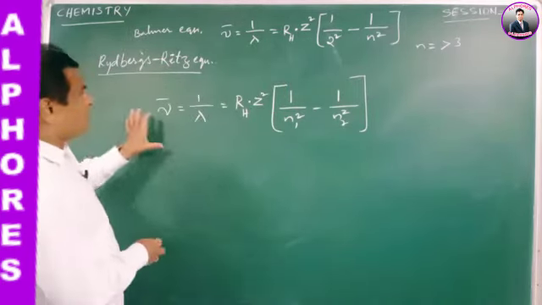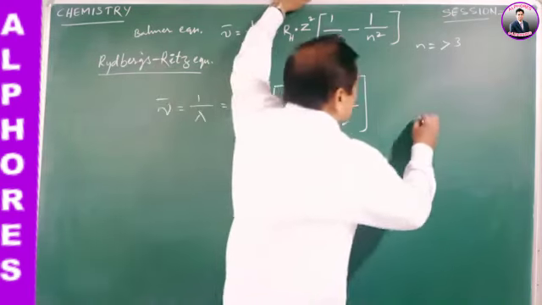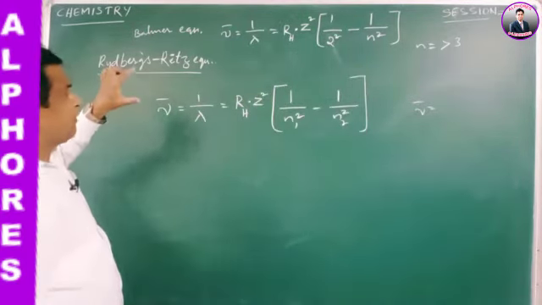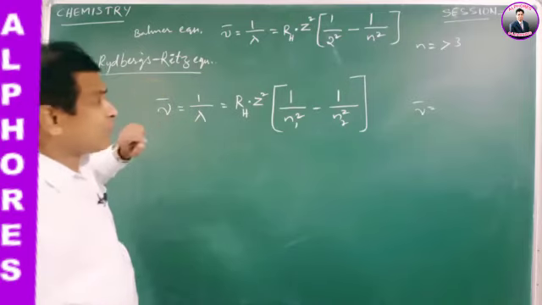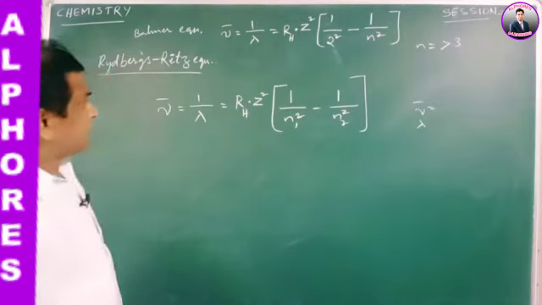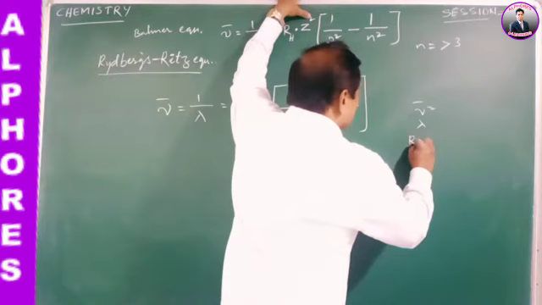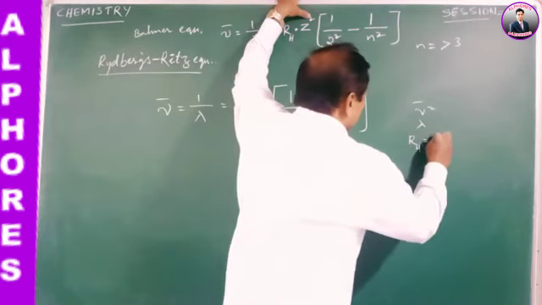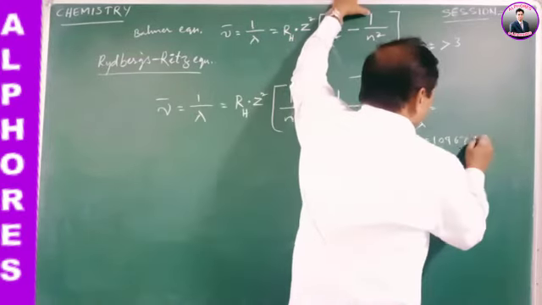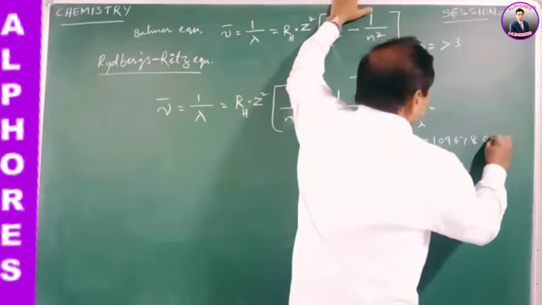Now what can we calculate by using this equation? We can calculate wave number, and by using this wave number we can also find wavelength. What is R_H? It is the Rydberg constant value for hydrogen, 109,677.8, rounded to 109,678 centimeter inverse.